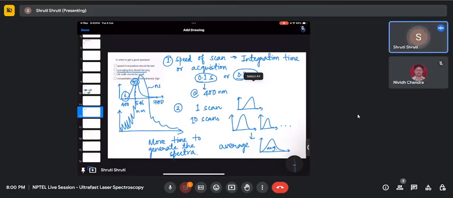Yeah, so in all the pump probe experiments where you have a pump and a probe, you need to have a delay between those two beams. To create the delay, you will have a mechanical moving stage like this, which moves back and forth.